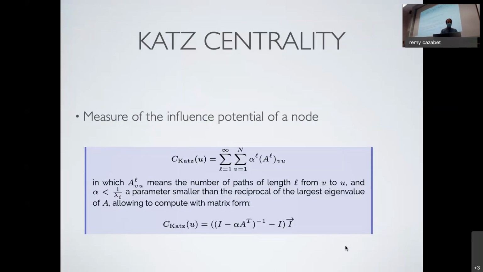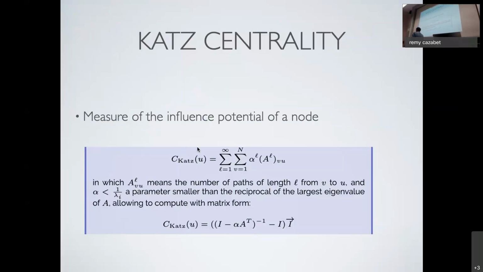Okay, another centrality, the Katz centrality. It's based a little bit on a similar idea, so this idea of being close to many nodes, but we will see the difference. It's set to measure the influence potential of a node.